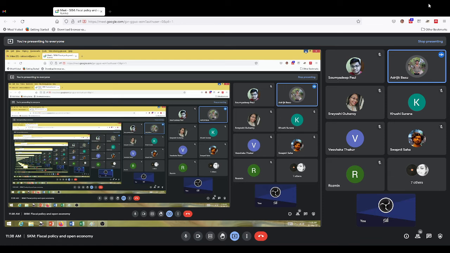Then 1 by E is less than 1. So what will happen to the value of exports? It will rise. It will be positive. Yes sir. And if E is less than 1, then it will be negative. Just one second.